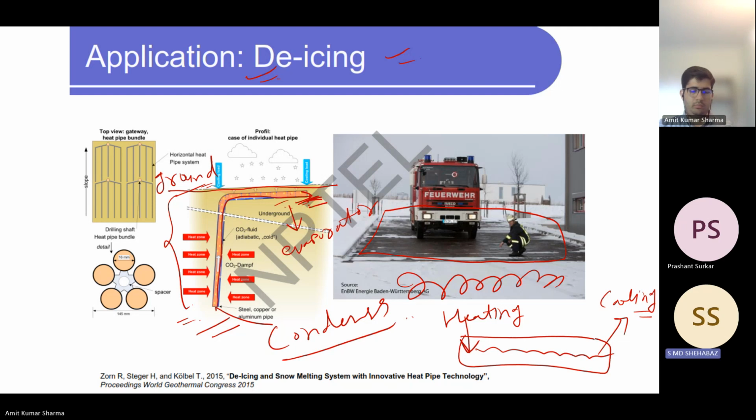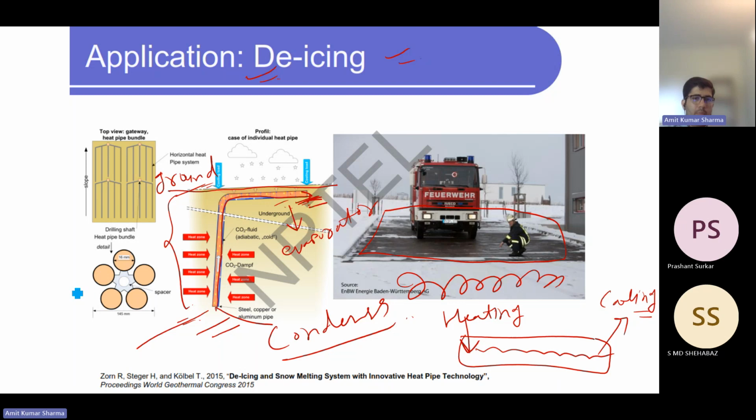Sir, bottom will be the condenser, sir. Bottom will be the evaporator, sir. Okay, but earlier you were saying that bottom will be the condenser. No, sir, because the supply from bottom to top is held by the surface, it is going to convert to the condenser. Again, it is going to heat. So you are saying that the bottom should be the evaporator; earlier you were telling that it should be condenser.